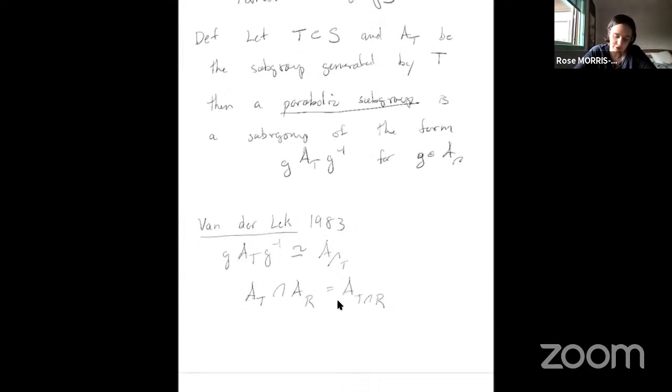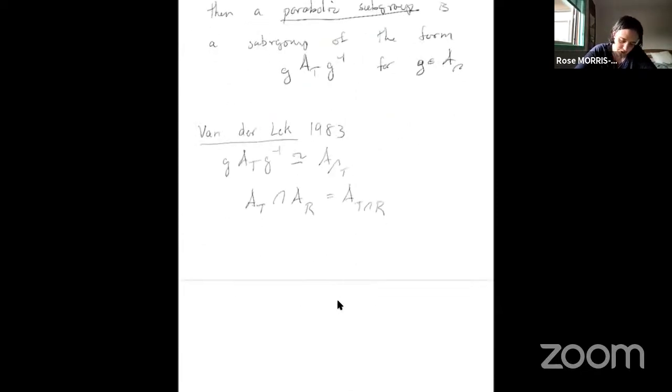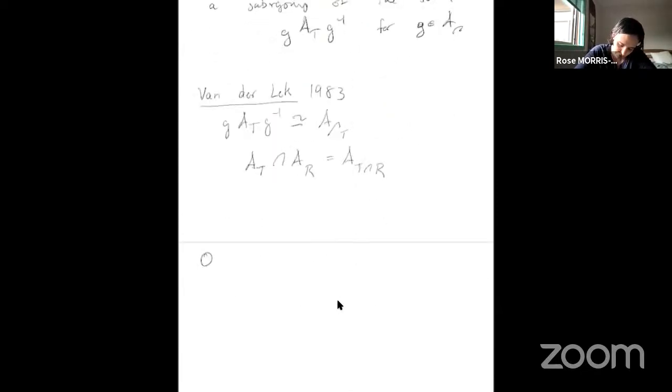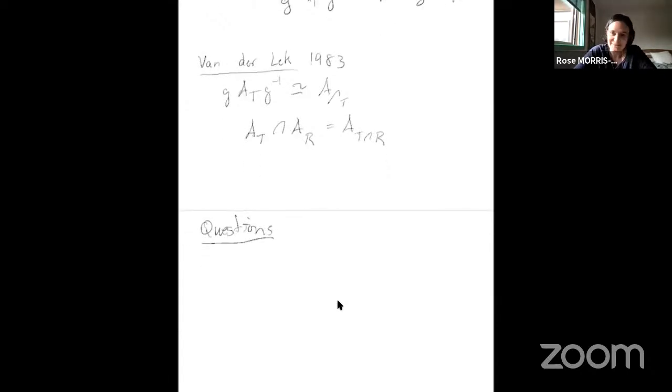But unfortunately, even questions about these subgroups are pretty hard. So here are some questions. As I said, this mini course is basically just a list of questions. I hope that's what you guys are enjoying. Okay, so here's question 1.